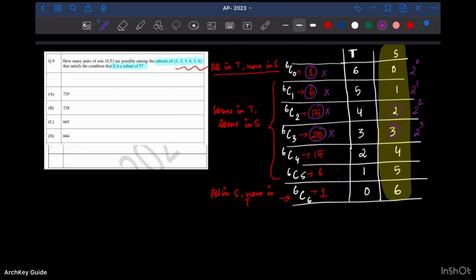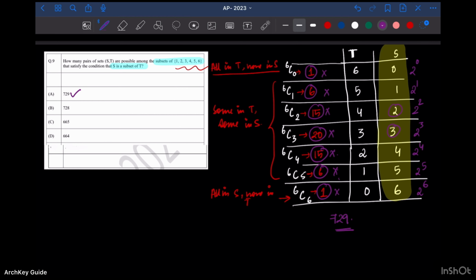Similarly for the rest of them. After you do this, you'll get 729 as your answer.